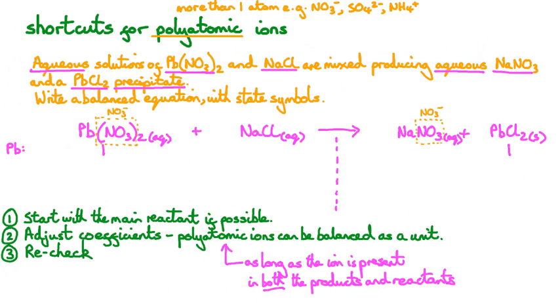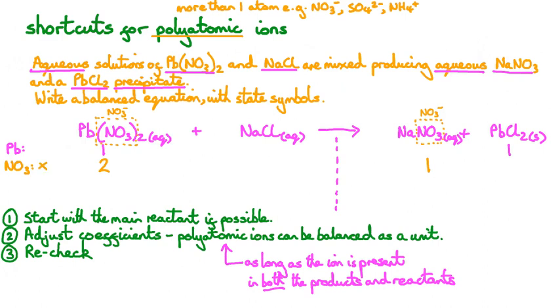When we look closely, we can see that we have the nitrate ion on both sides of our equation. So rather than counting this nitrate ion as nitrogen atoms and oxygen atoms, we can simply count it as a single unit. When we do this, we see that we have 2 nitrate ions in our reactant and only 1 in our product. So this is not yet balanced.